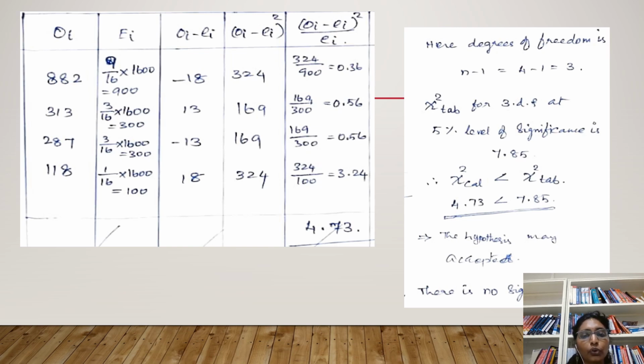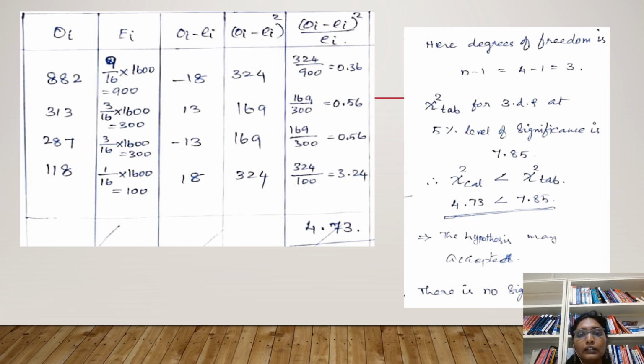So now we have to find Oi minus Ei, that is the observed value subtracted by the expected value, and then take the square of that. The next column is the square of the calculated value, that is Oi minus Ei the whole square, divided by Ei, that is the corresponding value is divided by the corresponding expected value.